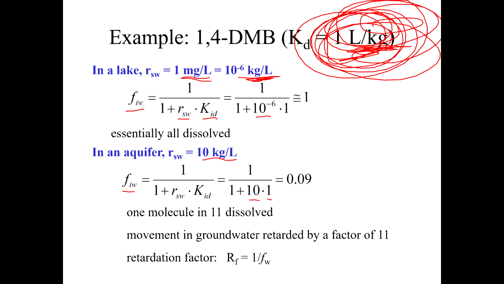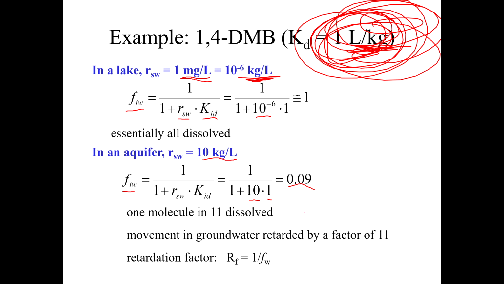That can be a little bit confusing, because then you think of this one molecule going off into the clouds while the rest of them are stuck behind. But the better way to think about it is that each individual molecule of 1,4-dimethylbenzene spends 9% of its time in the dissolved phase, and 91% of its time in the sorbed phase. So 9% of the time it's moving with the groundwater, 91% of the time it's going nowhere.